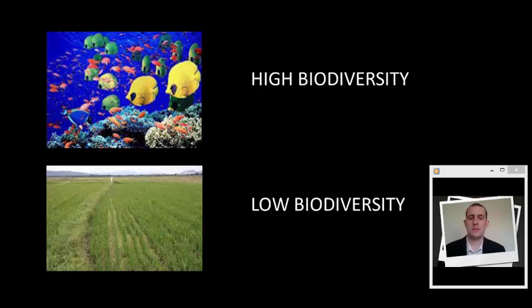The organisms that survive there have to be much more hardy and adapted to survive, and as a result there are going to be fewer species, less biodiversity. So biodiversity is the variety of species that live in a habitat. The more plentiful the conditions, the higher the biodiversity; the more harsh the conditions, the lower the biodiversity.